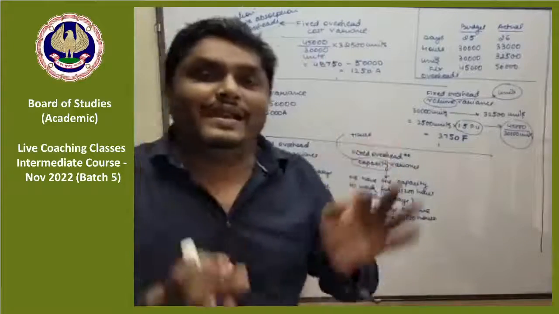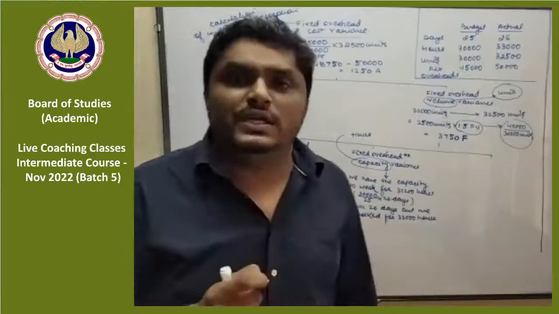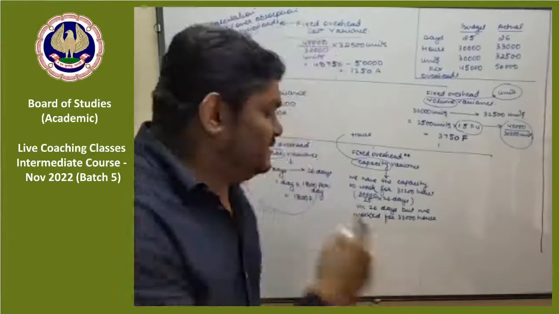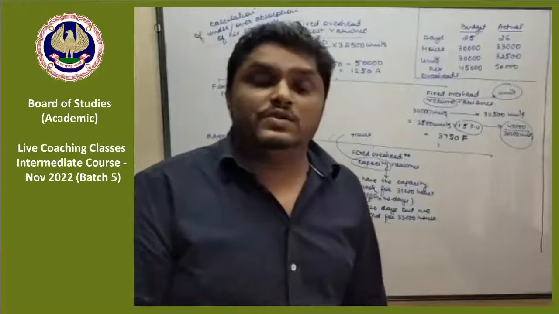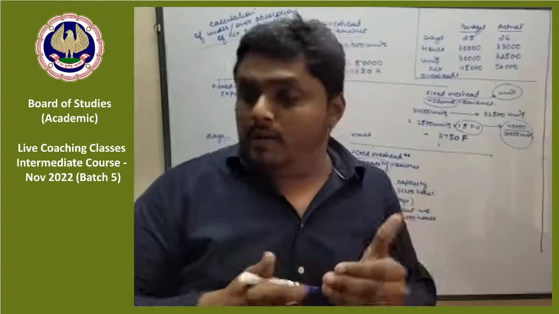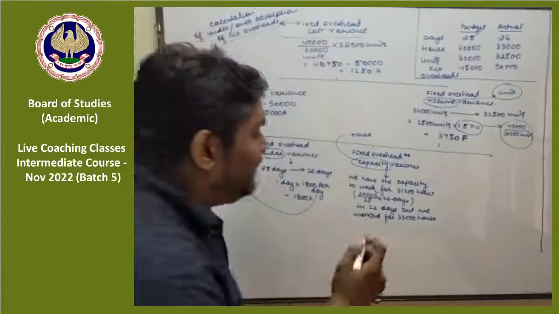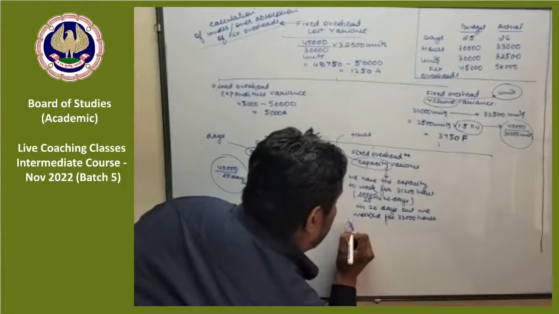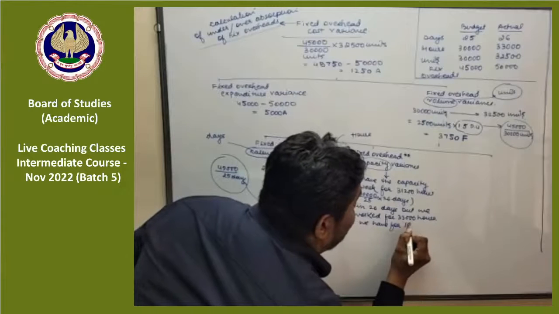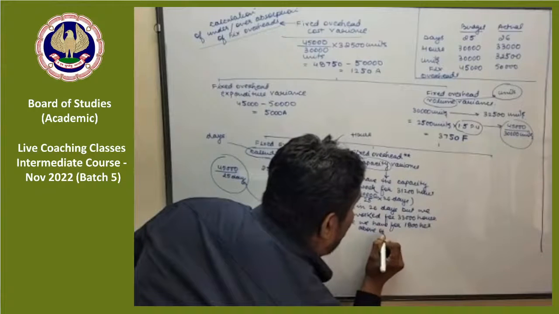So the correct statement is, we have the capacity to work for 31,200 hours in 26 days, but in these 26 days we worked for 33,000 hours. It means 1,800 hours extra we worked over and above our capacity.